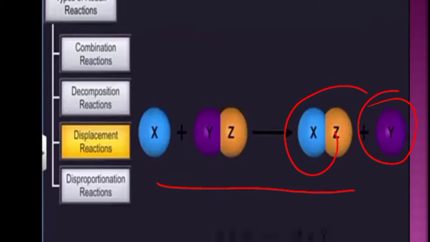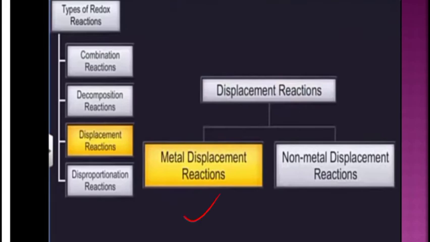A reaction in which an atom or ion in a compound is replaced by another atom or ion is called a displacement reaction. It is mainly of two types: metal displacement reaction and non-metal displacement reaction. In a reaction, if a metal is displaced, we call it metal displacement.